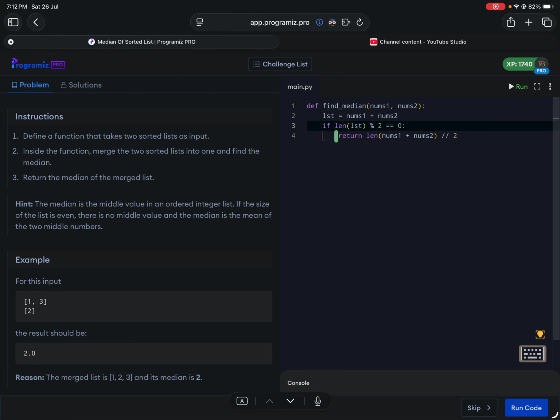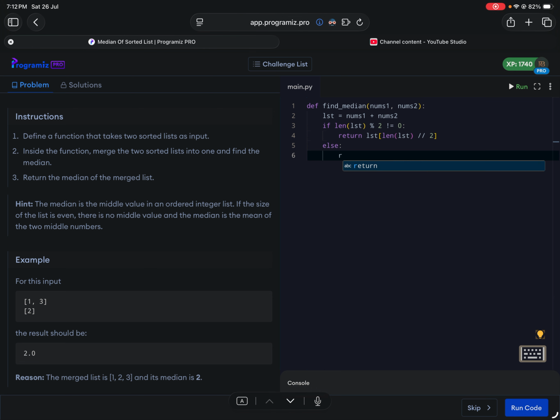If it is not even, so it's 3, that means 3 divided by 2 will be 1.5, and then we simply want the floor of it, and then we will do lst on that. Okay, so that will give us the middle value of it.